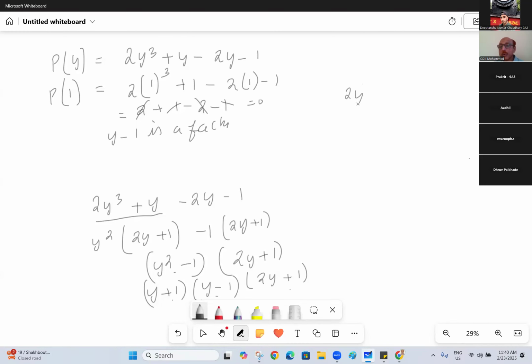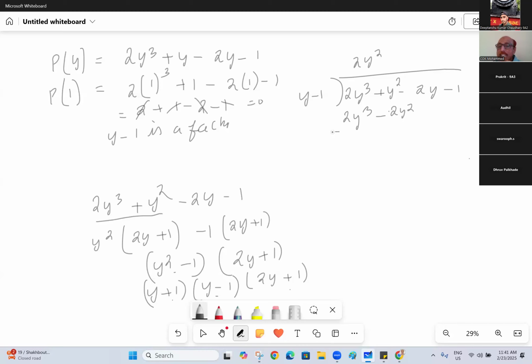Okay? 2y cube plus y square minus 2y minus 1 divided by y minus 1. First term is 2y cube, divided by y gives 2y square. Multiply: 2y cube minus 2y square.